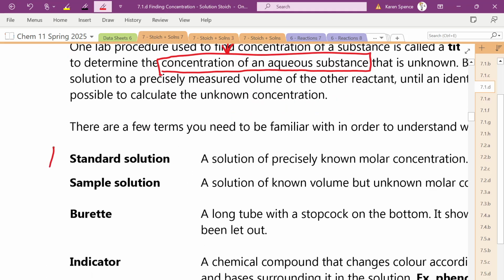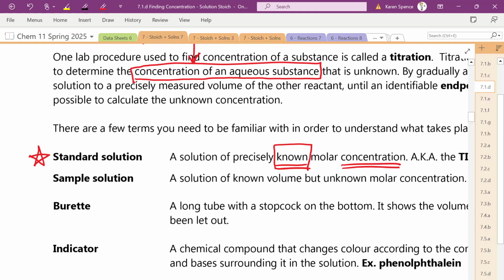Standard solution: the standard has a known concentration. The sample is your known volume but unknown concentration.